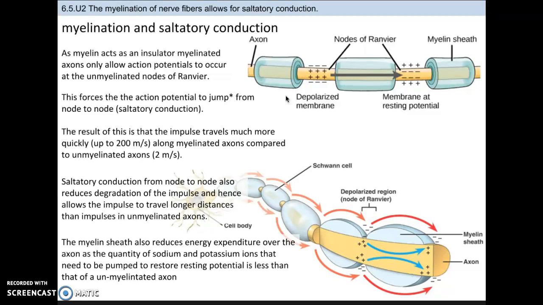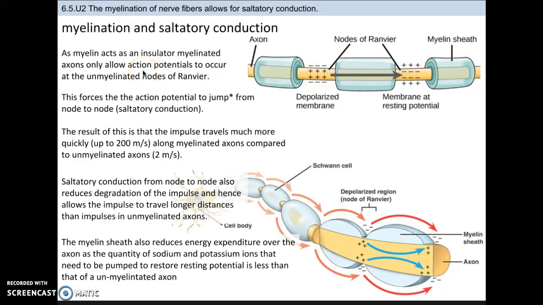Okay, now going back to myelination and saltatory conduction, we talked briefly at the beginning about the Schwann cells, which are featured here and here. You can really see that wrapping here. A Schwann cell is a specialized cell that basically acts as an insulator. It is also called a myelin sheath. So all the Schwann cells build up together and create what's known as a myelin sheath around the axon.